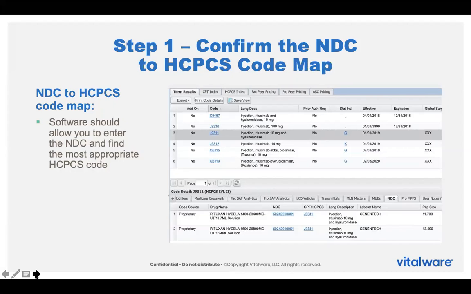And that's what was coming over on the bill. So does that NDC show you the right HCPCS code? That's step 1. Down below, you see Rituxan, an NDC number, and it tells you it's J9311 for that NDC number. So that's the first step, where you go from NDC to CPT.